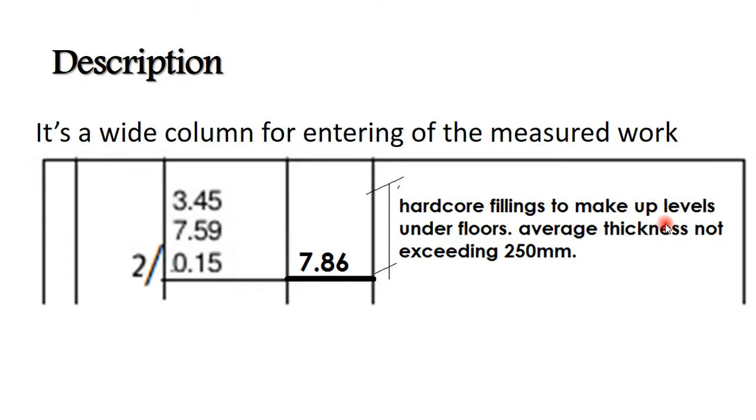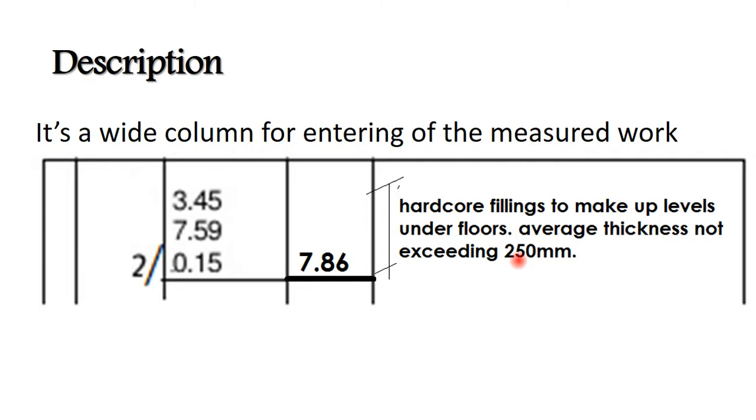Average thickness not to exceed 250 millimeters. In fact, for you to come up with the description, you normally follow what the SMM7 would ask you to do. Of course, we have a new code of estimating, which is the NRM, but maybe we'll be using the SMM7 for just the purpose of this. Of course, they are not that much different, but we'll still be using the SMM7 whenever we're doing our calculations.